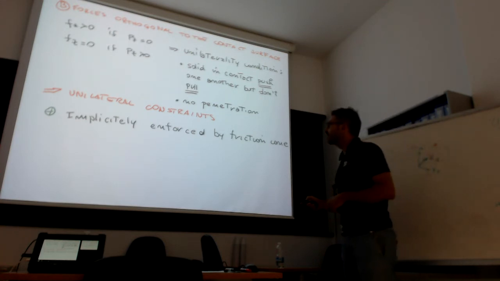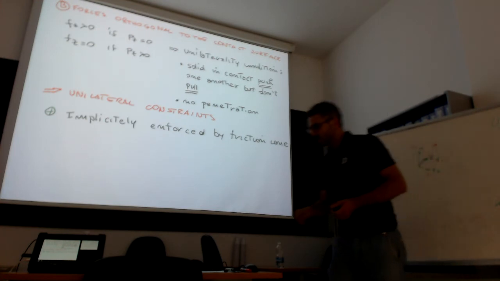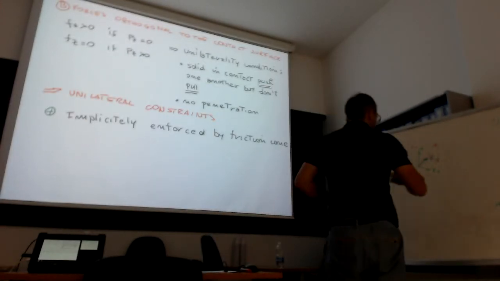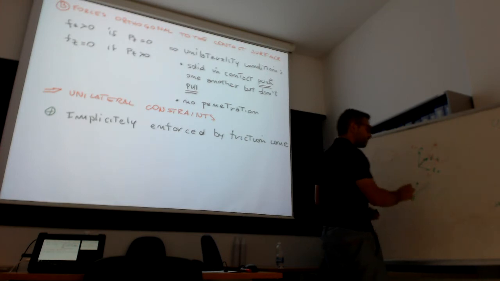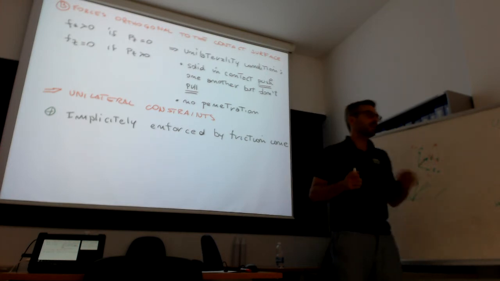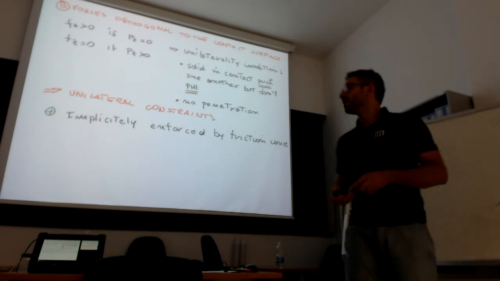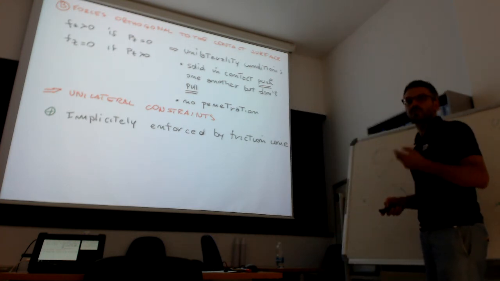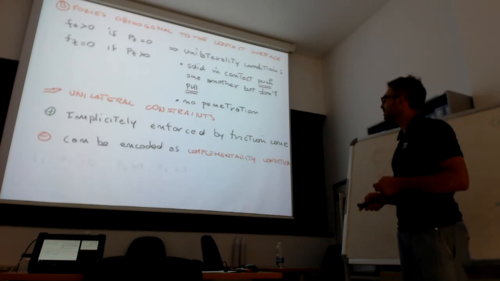And we know that we can implicitly enforce this constraint with the friction cones, because if the force is forced to be inside the friction cone, it's forced to be in this half plane as well. So the unilateral constraint is naturally encoded, and you don't have to re-implement it and add additional constraints.